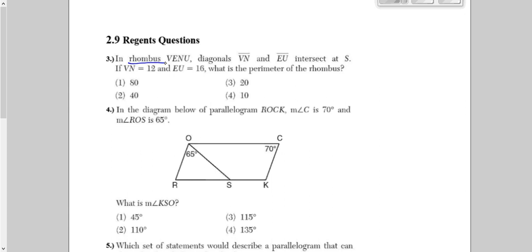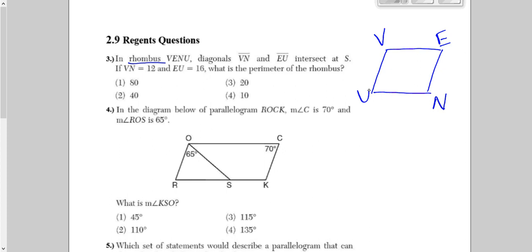We'll draw it roughly like a rhombus, VENU. And by the way, when we label any kind of polygon, wherever we start with the first letter, we go consecutively for the next one. And we could even go the other way. The only criterion is that you go consecutively in one direction or the other, right?